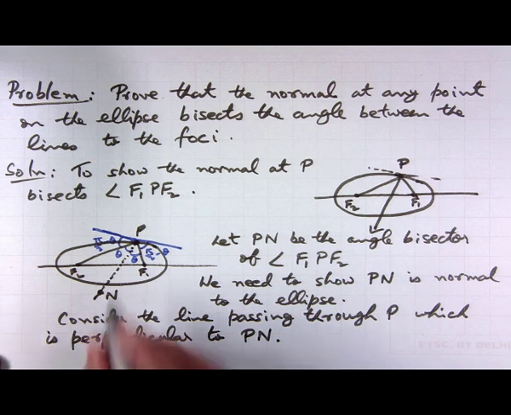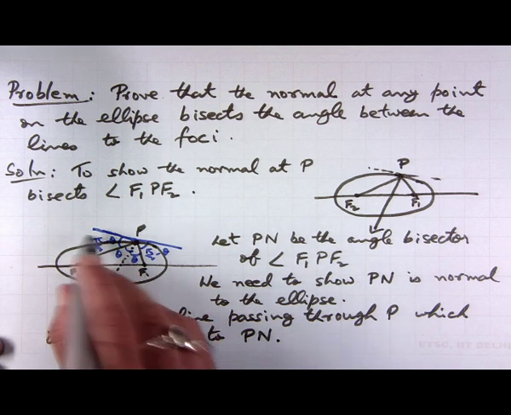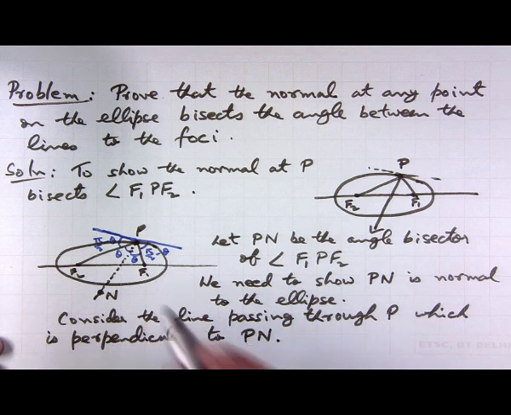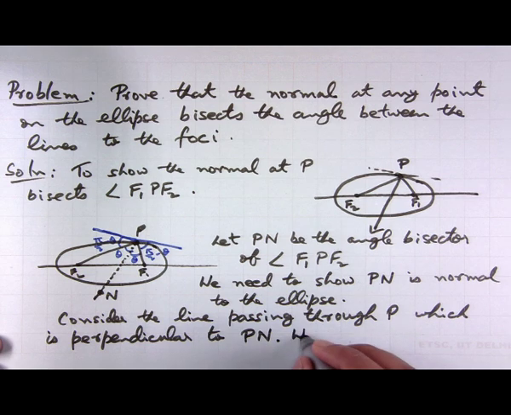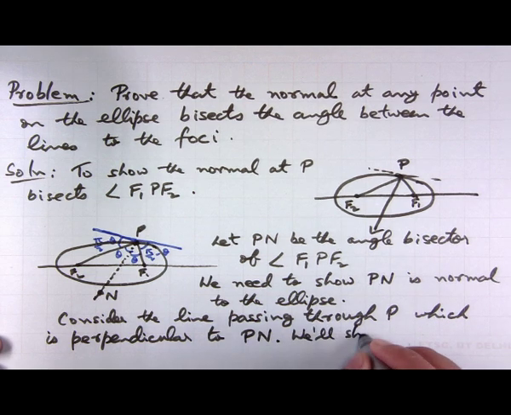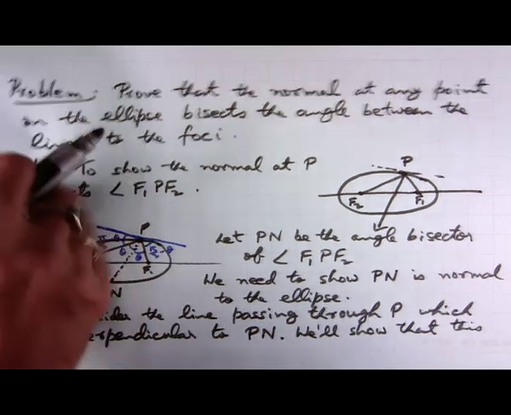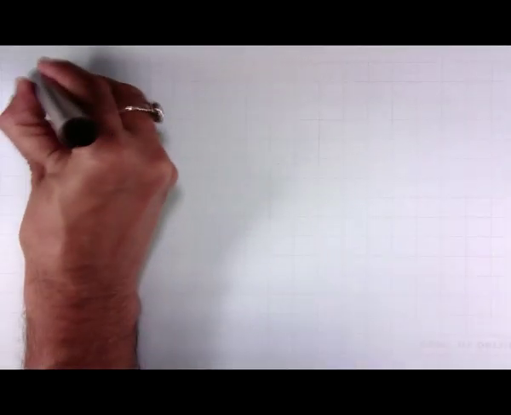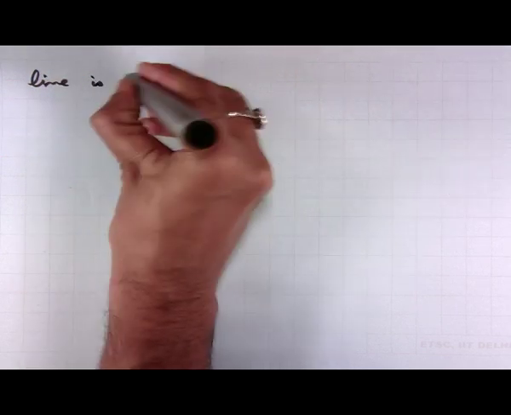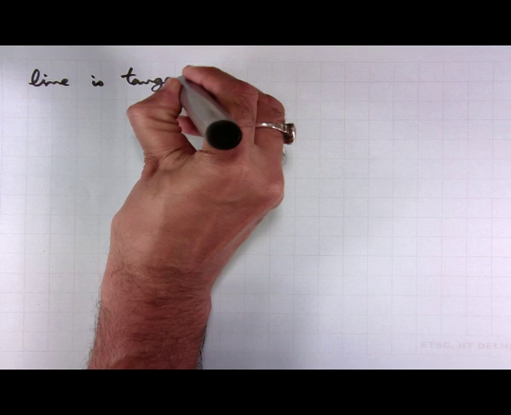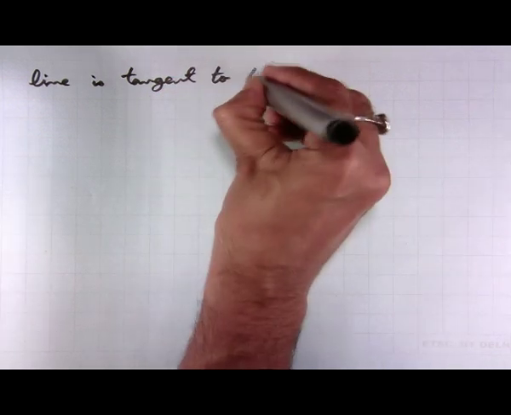Proving that P n is normal is equivalent to proving that this line is tangent. So, we will show that this line is tangent to the ellipse.